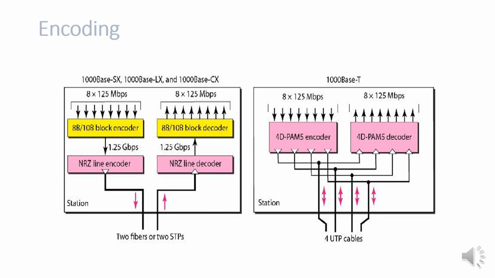There is a slight modification in the NRZ scheme also. We cannot adopt the NRZ scheme always. Why? Because NRZ does not self-synchronize properly. That is a major drawback of NRZ. So we can use the NRZ scheme only for the SX, LX and CX implementations. It cannot be used for a higher data rate like 1000Base-T.